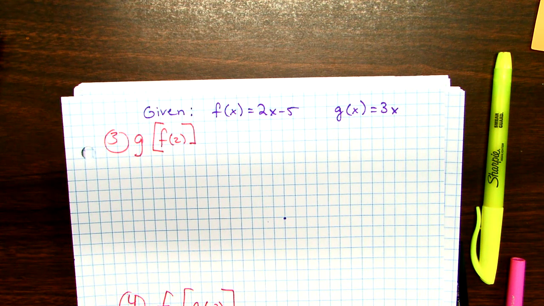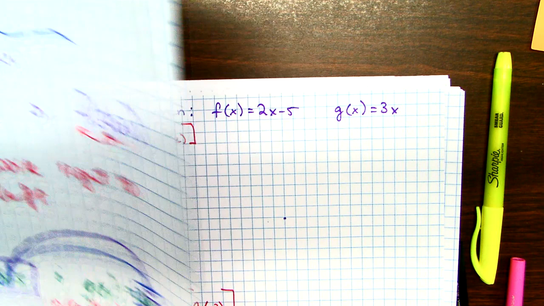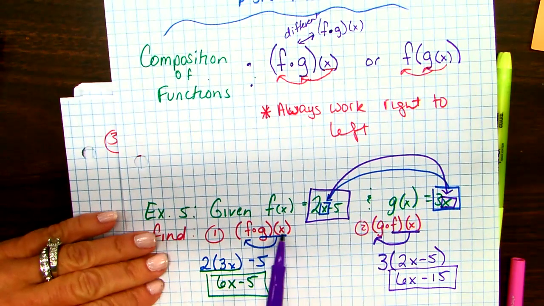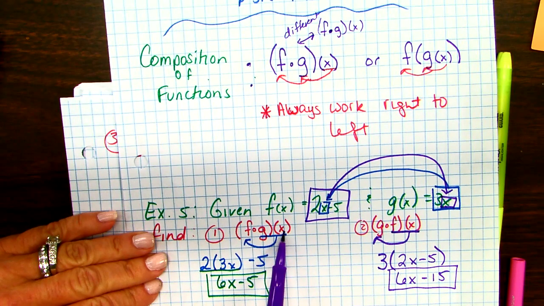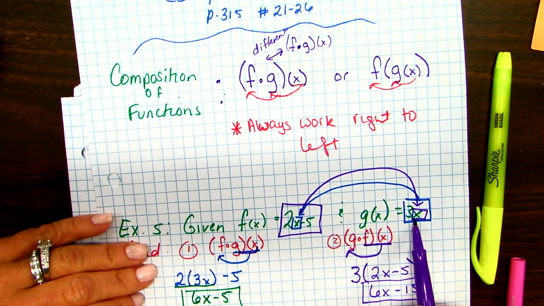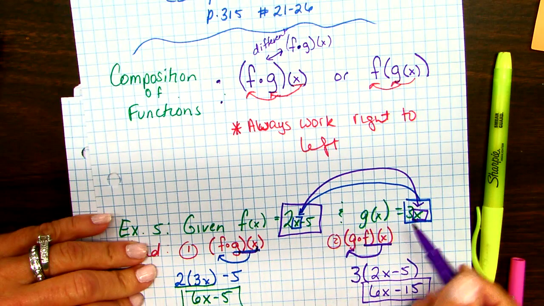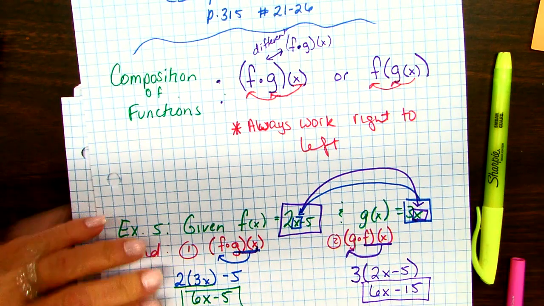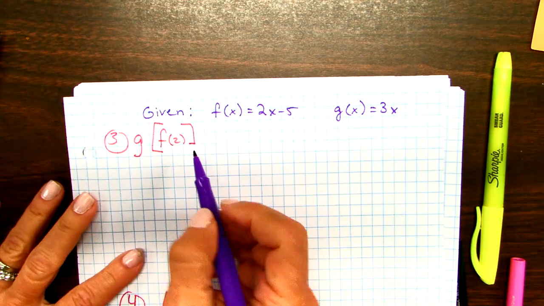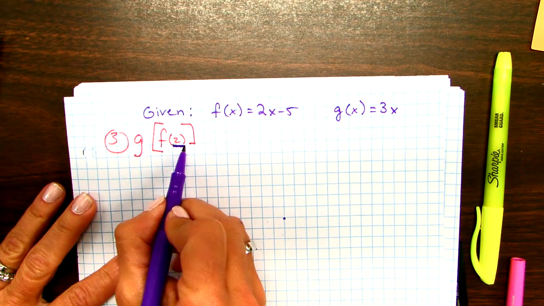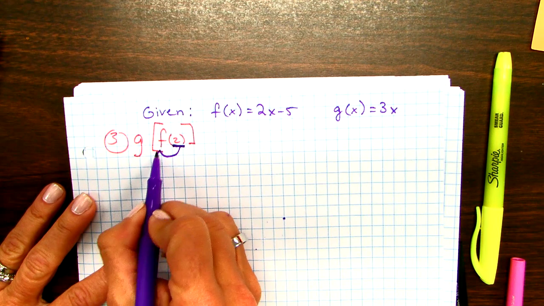So remember how I said we always work right to left? Well, when we had an x there, go back for a second. When you have an x there, you plug x into g, well, there it is, and then take that and plug it into f. So when there's an x there, you're just going to take the whole function and plug it in. But when there's a number there, you're going to plug 2 into the f function.